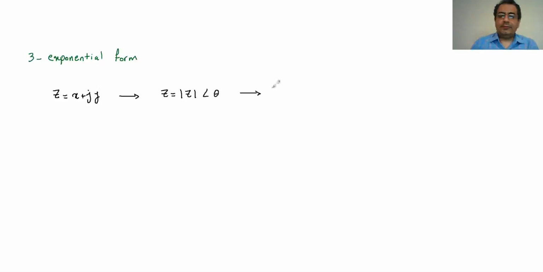Then the exponential format is going to be z as the magnitude of z, e to the power of j theta. This is going to be the exponential format of that.